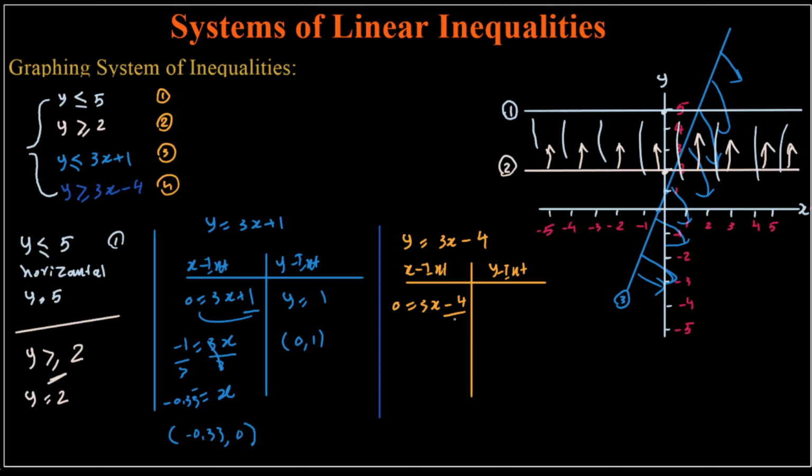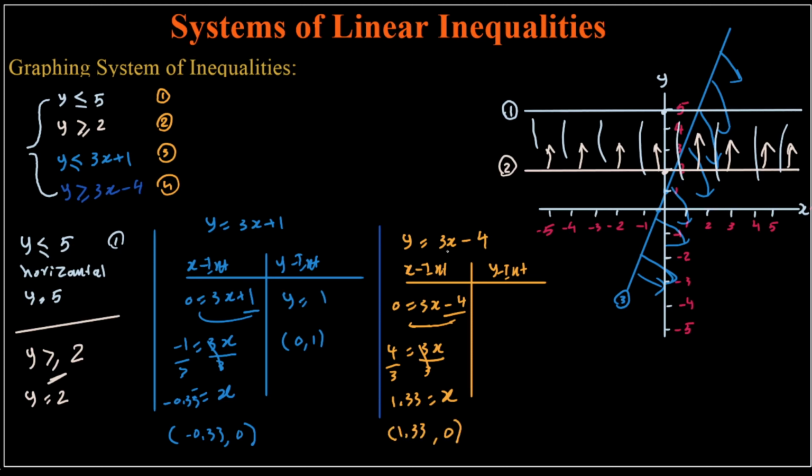We can move negative 4 to the other side. It will be 4 equals 3x. To solve for x, we have to divide both sides by 3. So our point will be 1.33 equals x, because these two will cancel. 4 divided by 3 is 1.33. So our point will be 1.33 and 0 for y.